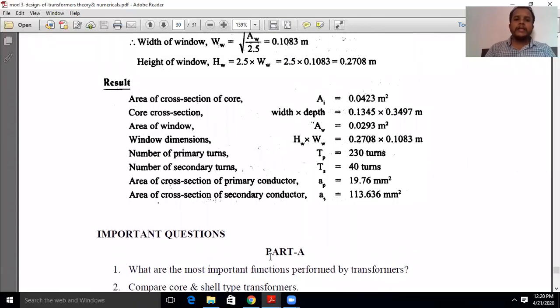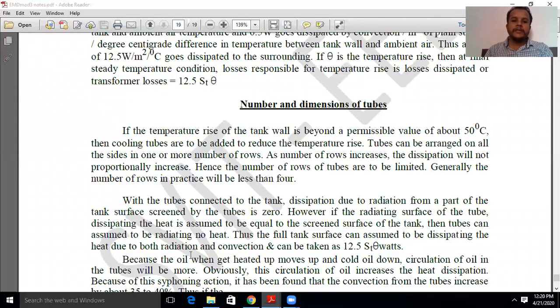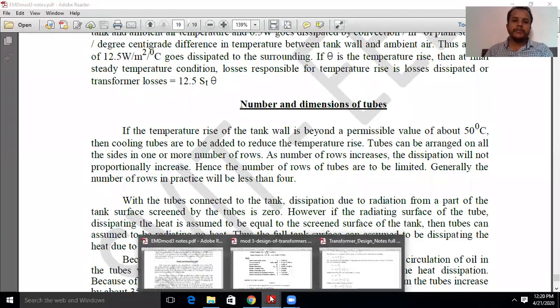So now this is about the numerical solved on the previous sections. Now we will solve one more example on the design of transformer tank. I'm going to share one more file now.